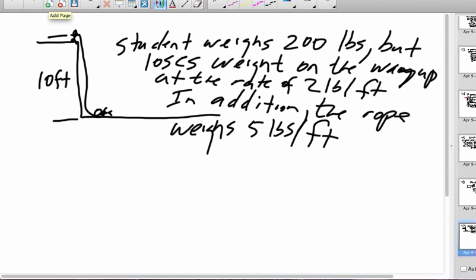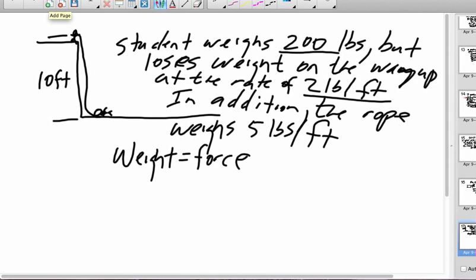Okay, so weight is a force. It already has gravity on it, which is why you weigh less on the moon than you do on the earth. It's a force. All right, now you can tell we're not going to have a constant force because it starts out at 200 pounds.